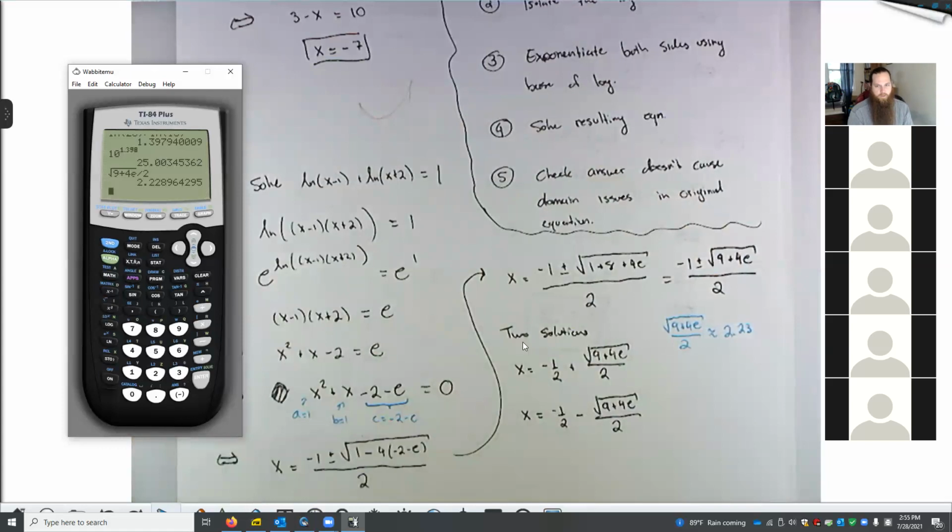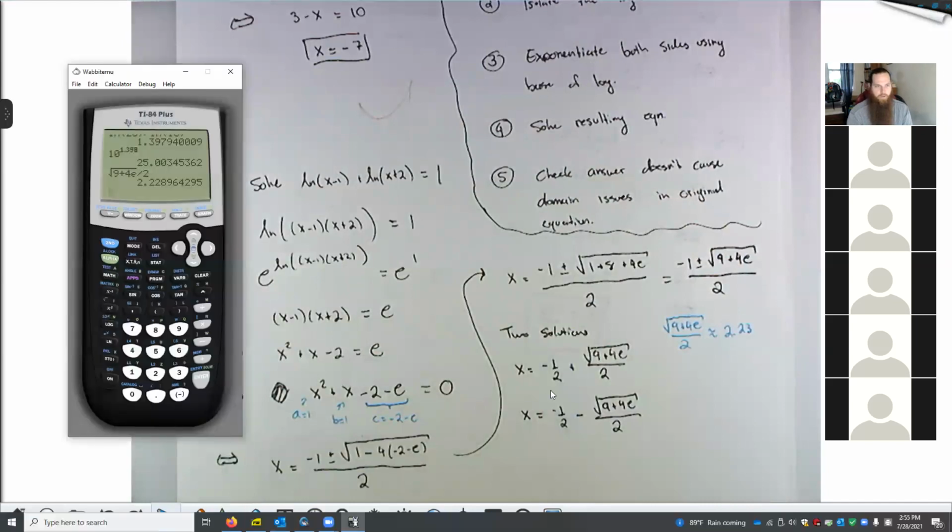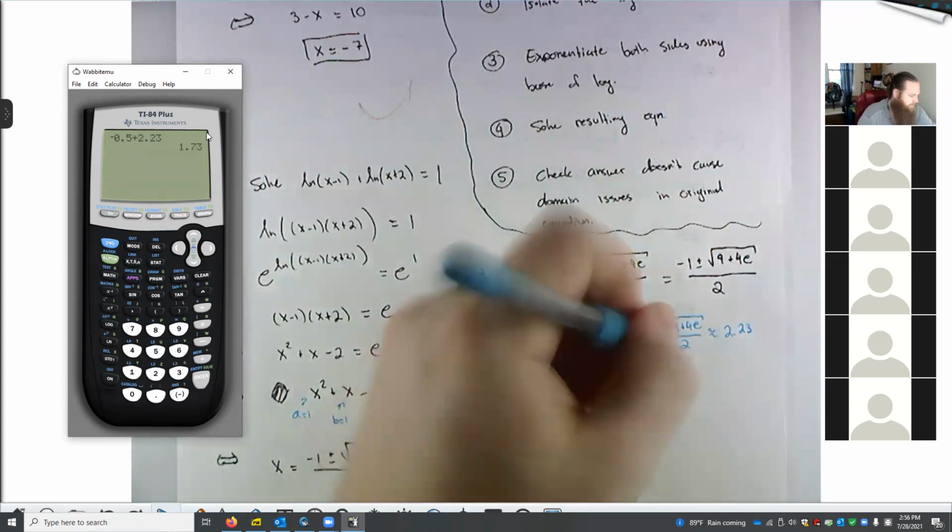So this guy is like -1/2 plus 2.23. This guy's like -1/2 minus 2.23. I'll just go ahead and do the arithmetic. -0.5 plus 2.23, about 1.73.